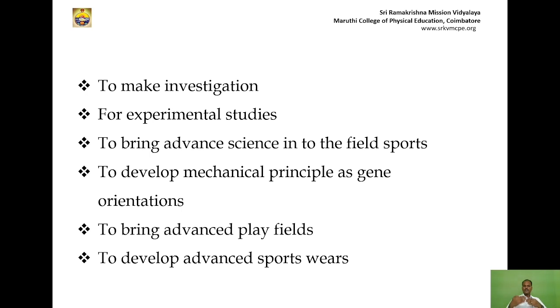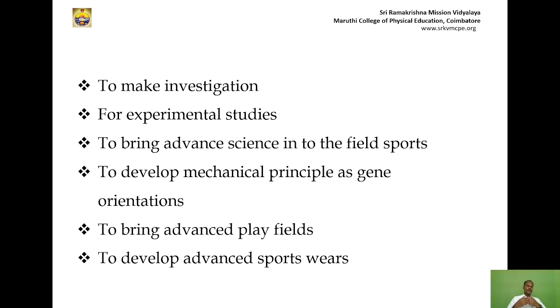Advanced science in the field of sports, and developing mechanical principles. What is the movement of the joint? Everything we can develop with the help of sports biomechanics to bring an advanced playfield.